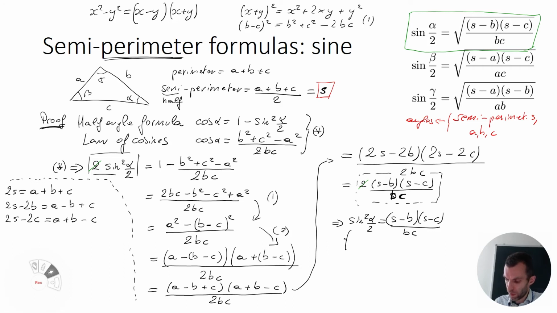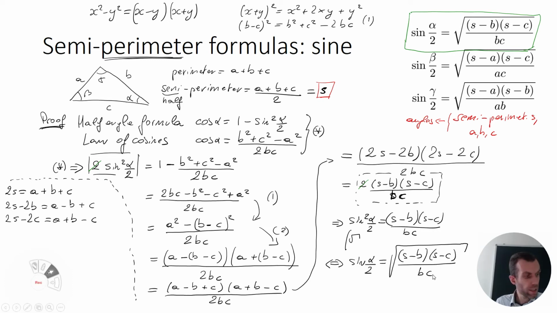And now if I take the square root, that's equivalent to sine alpha over 2 equal to the square root of (s minus b)(s minus c) divided by bc. So that's exactly the first semiperimeter formula.